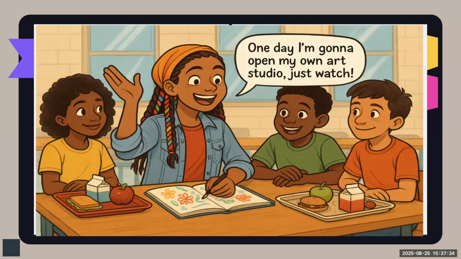Her friends smiled and leaned in, excited to see her newest drawings, showing how much they respected her creativity. When the principal asked for volunteers to design the mural in the hallway, Marisol was the first to raise her hand, ready to get started. With paint on her jeans and colorful braids tied back in a scarf, Marisol looked every bit the artist she claimed to be.